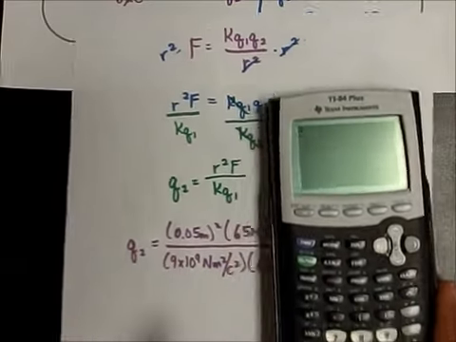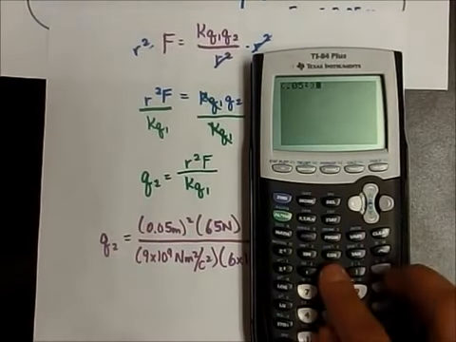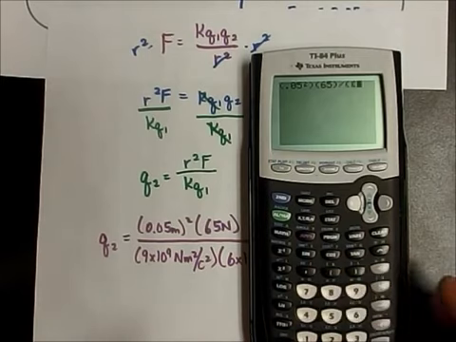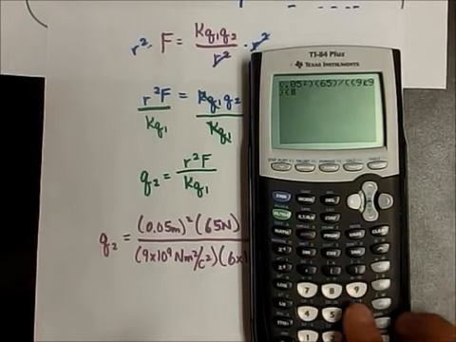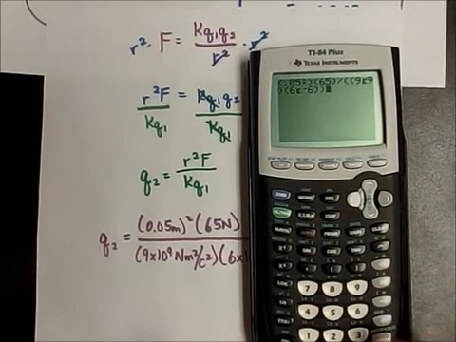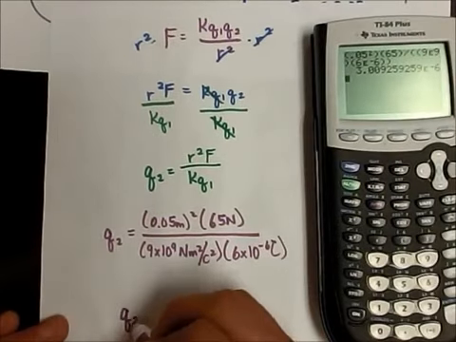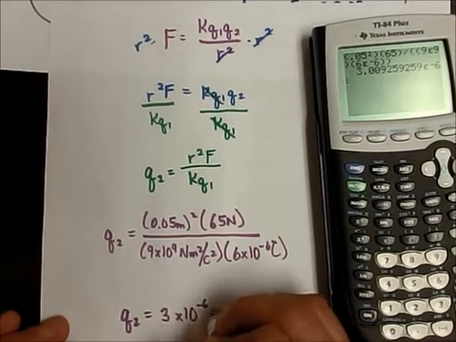Calculator. 0.05 squared times 65 divided by, now this whole thing has to be in parentheses, 9 times 10 to the 9th times 6 times 10 to the negative 6th, close parentheses on the denominator, and I get charge 2 to be 3 times 10 to the negative 6th coulombs.